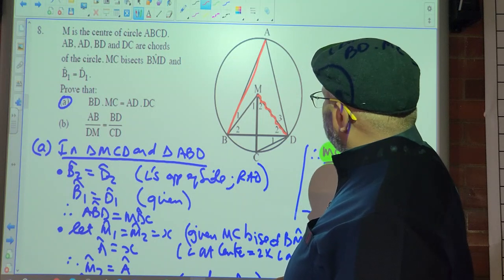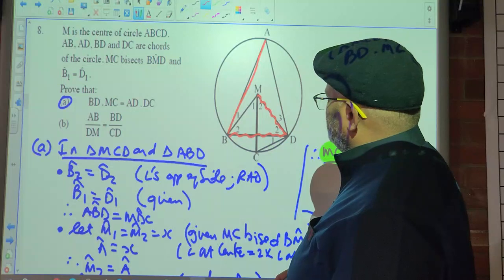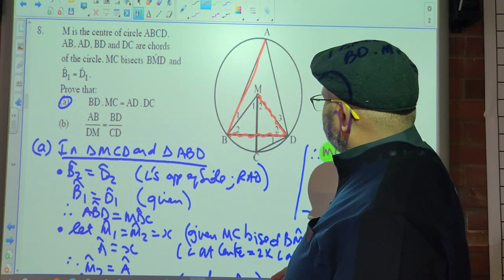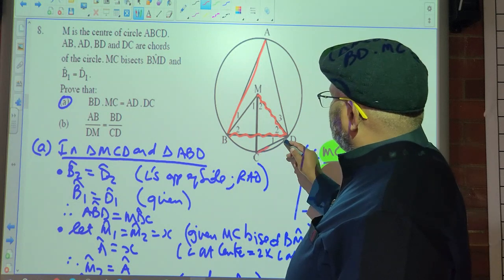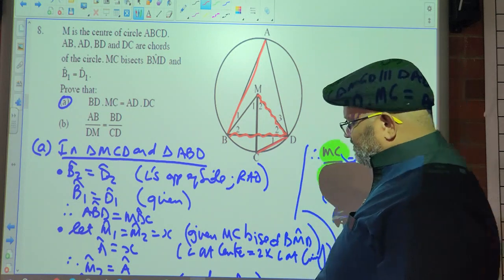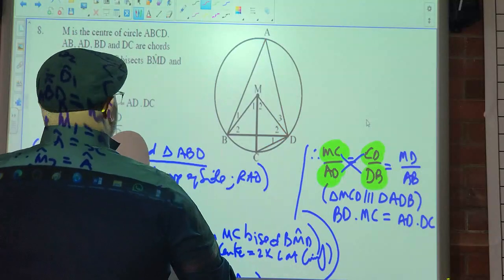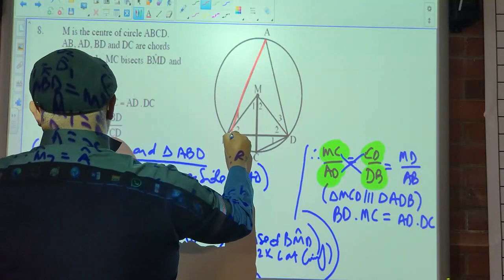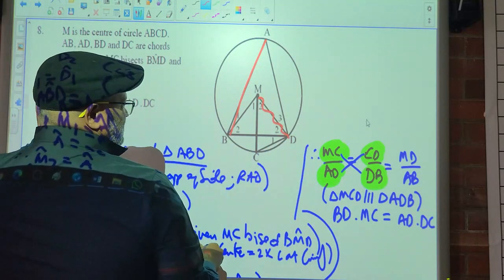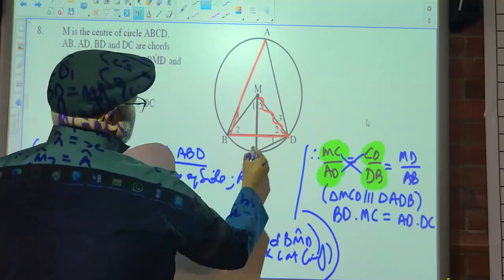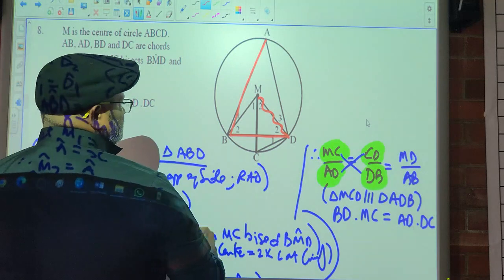And BD and CD. Okay, so BD actually belongs to the big triangle, no? Let's go again. AB, DM, BD, which belongs to that one rather, and then CD.